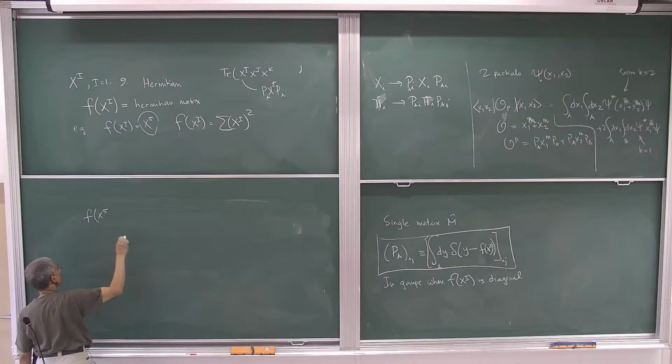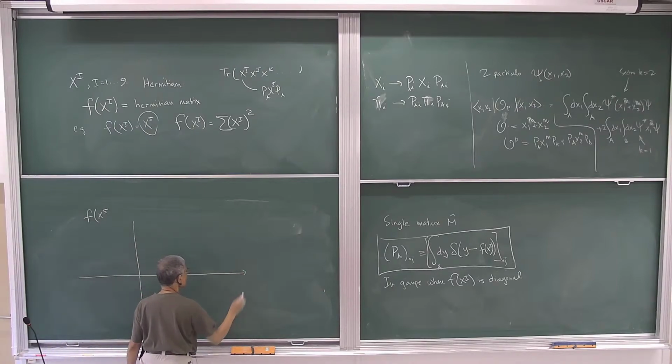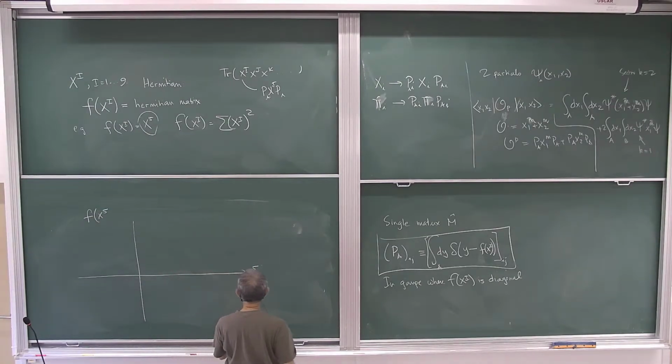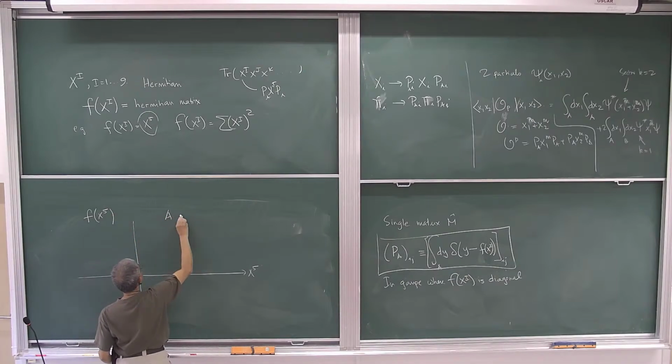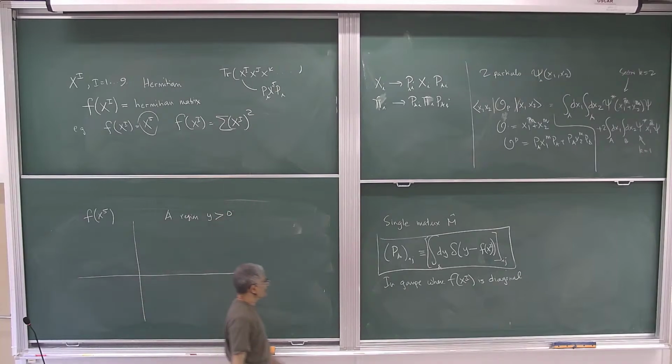And I'll draw a picture, a kind of auxiliary picture, where I take that interval A to be the region y greater than 0. Y is the thing which is integrated over.